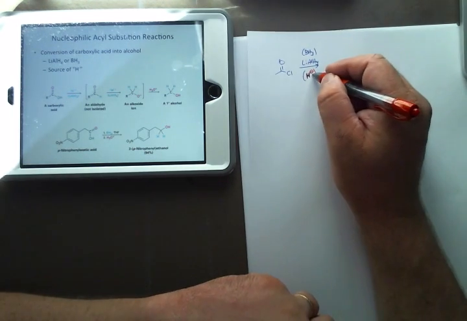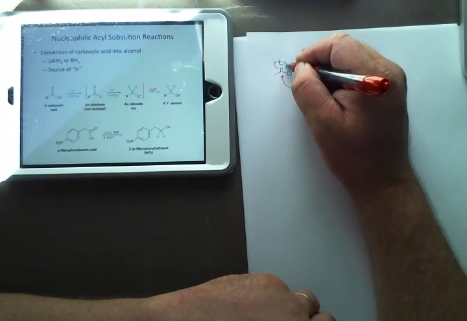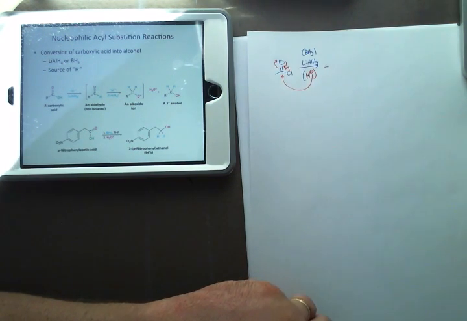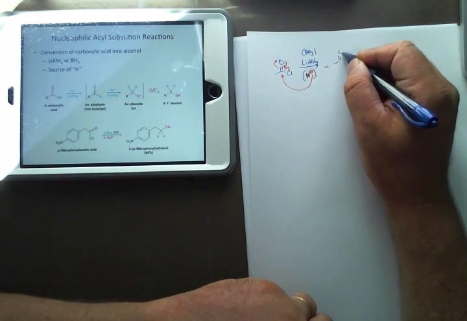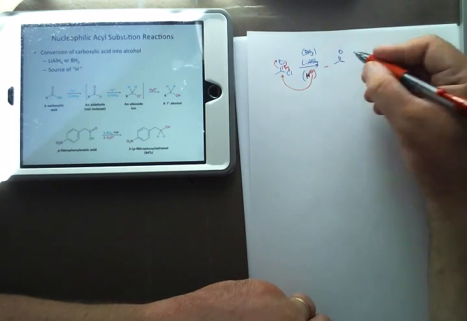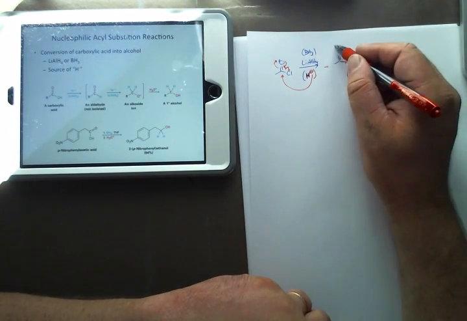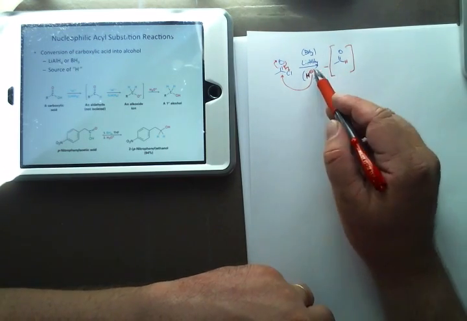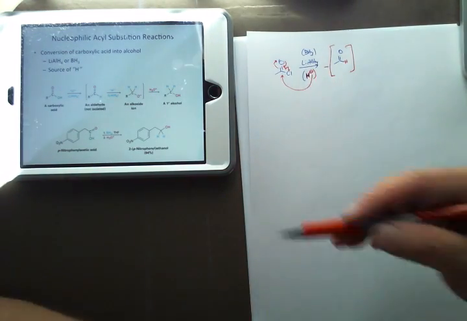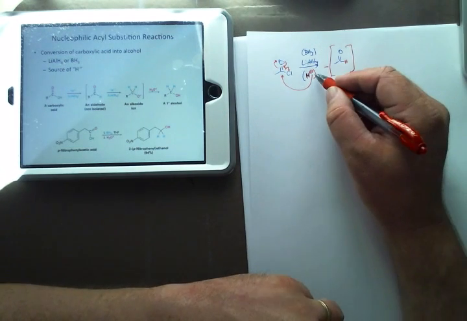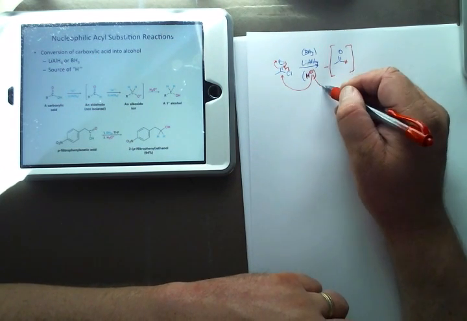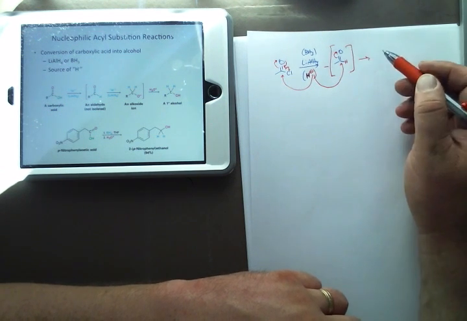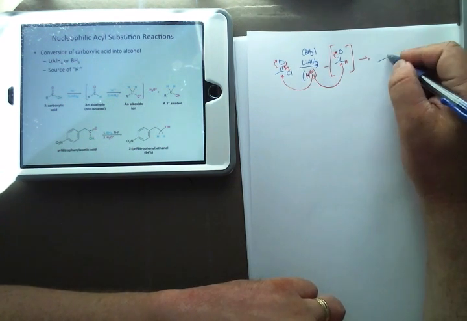So just normal stuff, up, down, kick away, and you end up with your aldehyde. The problem is that is still incredibly reactive, and these have multiple hydrides, so you're going to do a chapter 19 reaction where another hydride comes up there and kicks this away. It's a normal aldehyde reaction.